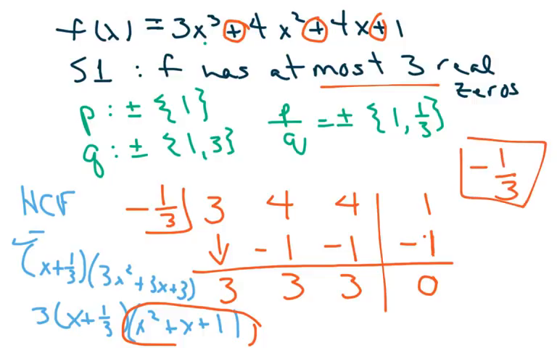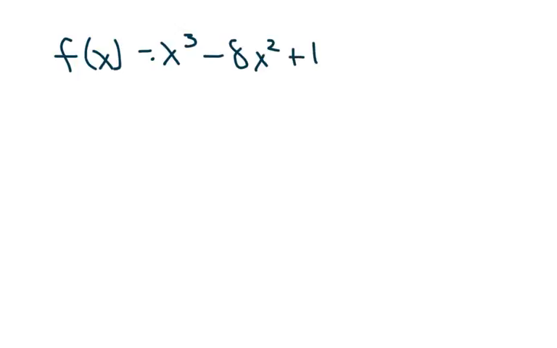Okay, I'm going to do one more, I believe, 45. Alright, one more. And that is f of x equals x cubed minus 8x squared plus 17x minus 6. Alright, this kind of reminds me of the first one. So we have at most 3 solutions, or 3 zeros.